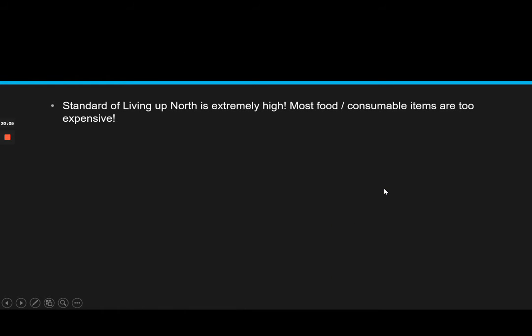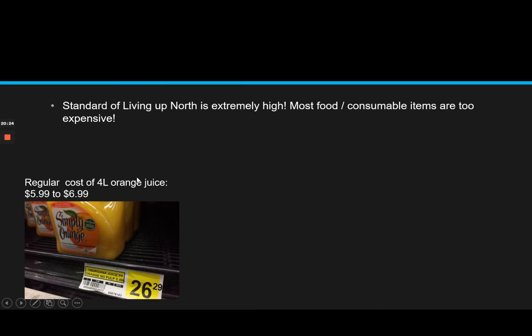So one of the other problems, though, is that if you're living up north, okay, almost everything costs a lot more than what you would expect if you're living in the city. So, for example, in the city, the regular cost of a 4-liter container of orange juice can range anywhere between $5.99 to $6.99.